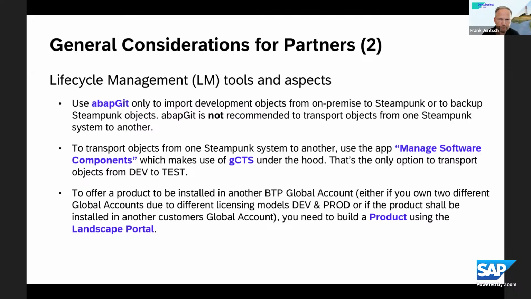Under the hood, we are using GCTS and a hidden Git repo to manage the storage of these objects outside of the system. But again, that's the right choice if you want to move development objects within your global account between different Steampunk systems. If you want to offer a product, so a real assembled piece of software which is really bundled, then building a product is the right choice.